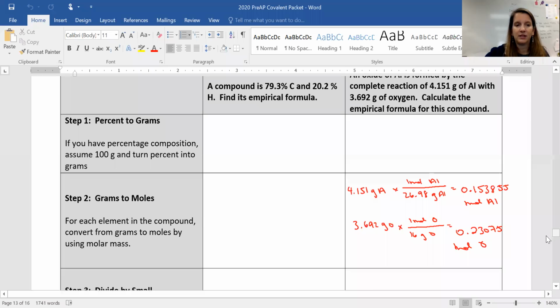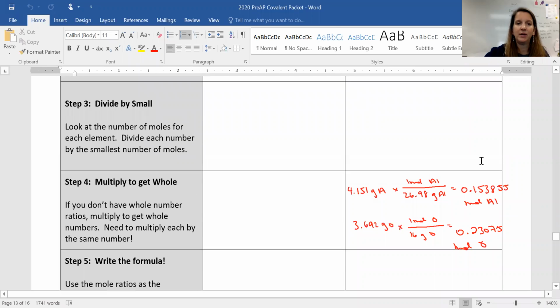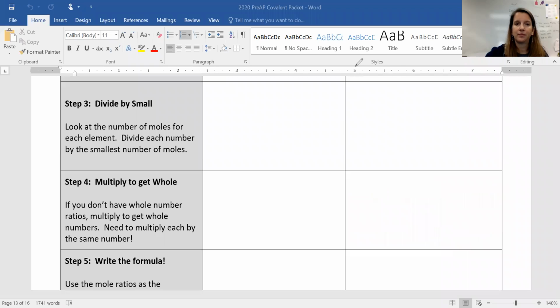So let me scroll this down. We're going to divide by small. We have, again, 0.153855 moles of aluminum, and we have 0.23075 moles of oxygen.